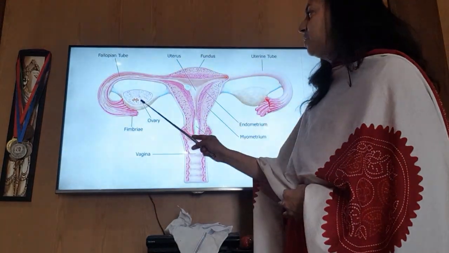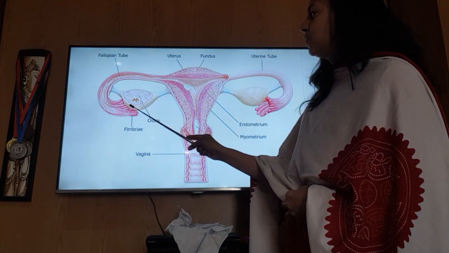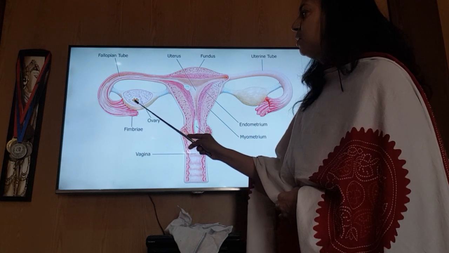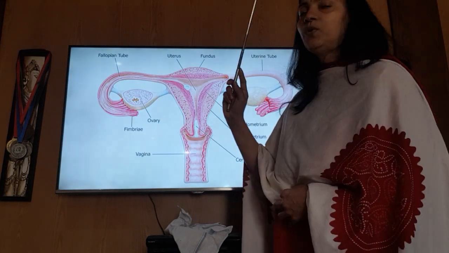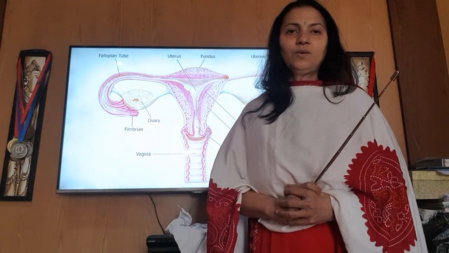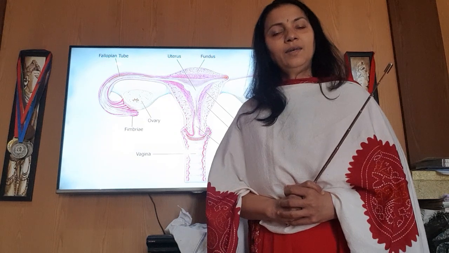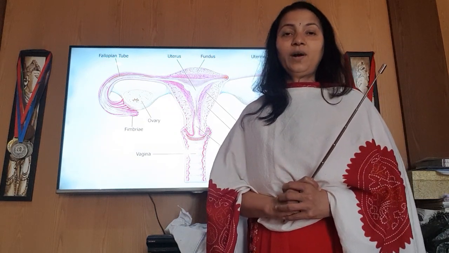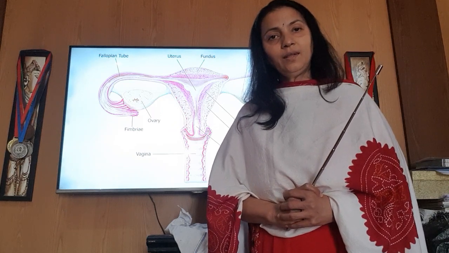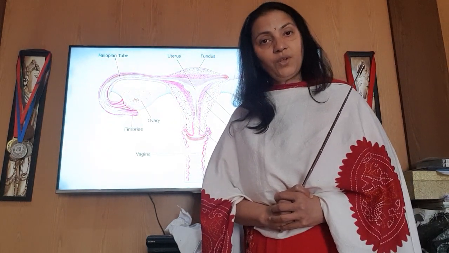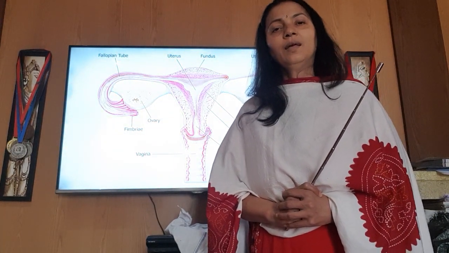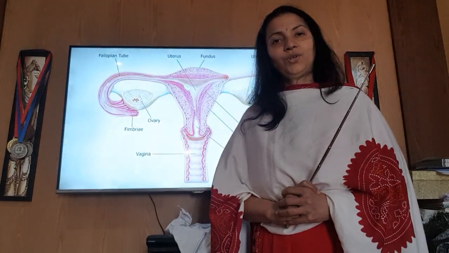It ruptures and gives off the oocyte, which is taken up by the fimbria, and then the remaining follicle forms the corpus luteum. Before this ovulation, the hormone we find is estrogen. So we call it the estrogenic cycle. The first 14 days before ovulation are known as the estrogenic phase, because the estrogen hormone is maximum in concentration.